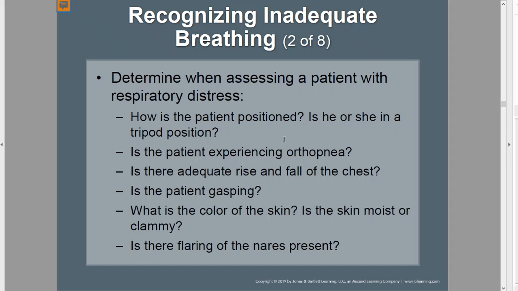So understand what that means. Are they experiencing more trouble breathing when they're walking, moving around? What's their skin condition like? Is it moist, clammy? Nasal flaring. Can you see that in their nostrils?